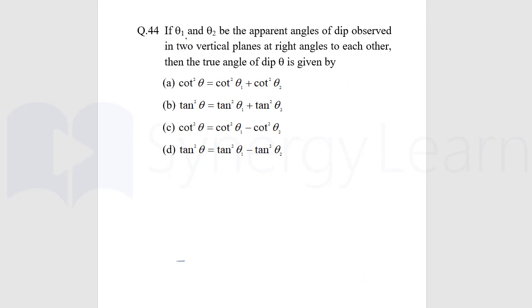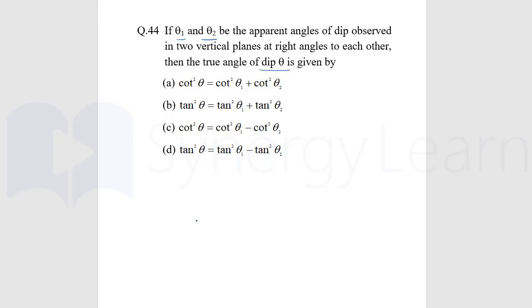If theta 1 and theta 2 are apparent angles of dip observed in two vertical planes at right angle to each other, then the true angle of dip is given by.